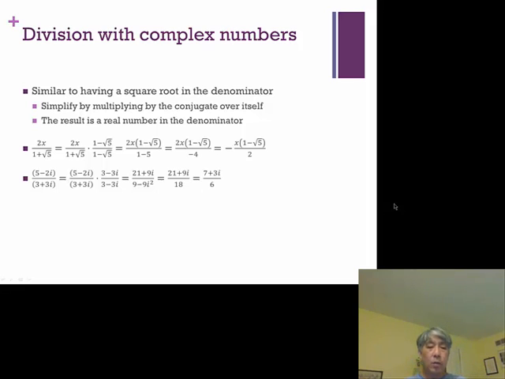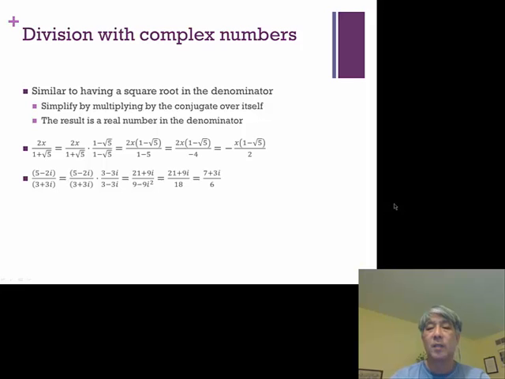When I do this, notice that the bottom becomes, so I multiply top and bottom by 3 minus 3i. The bottom becomes simply 9 minus 9i squared, or after I make the substitution for i squared, 18.